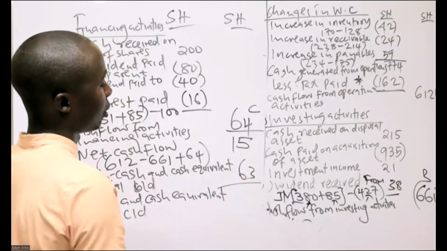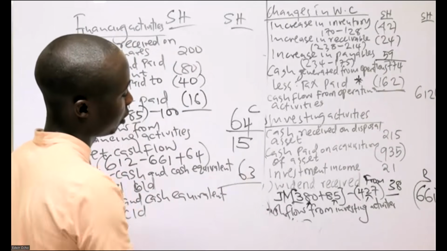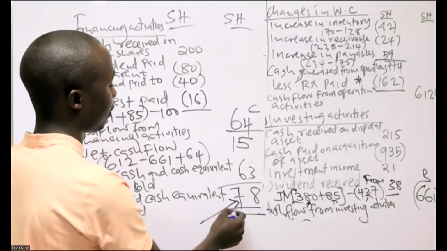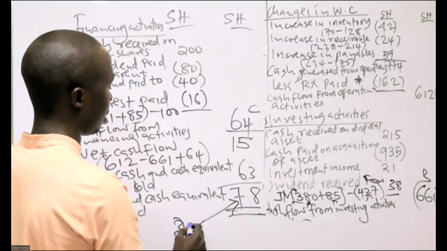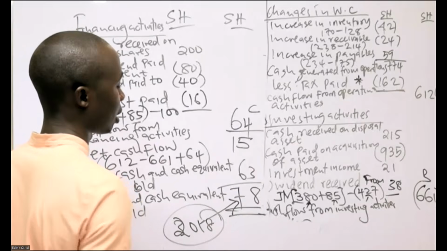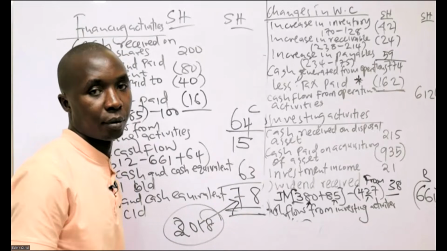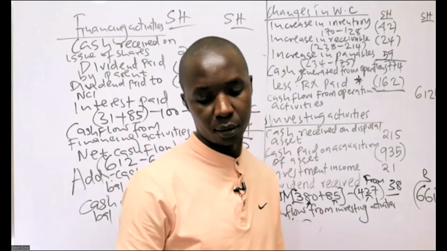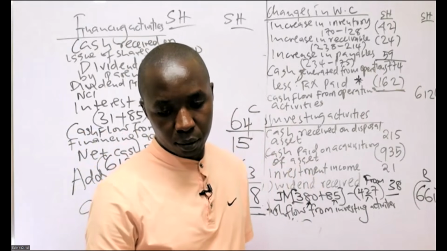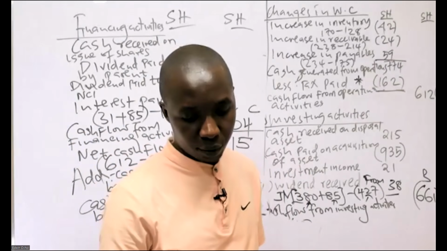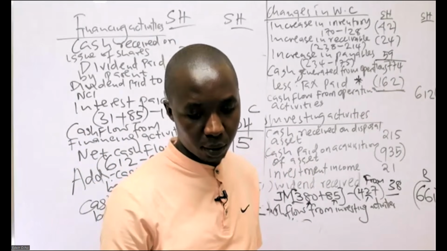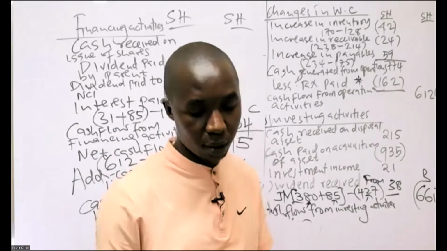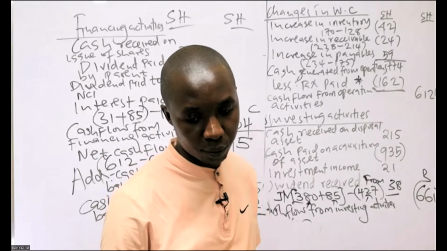So this is the balance brought down 2017. If you add this to 15, you get 78. Can you confirm that this is the one you have as at 2018 in your question as cash and cash equivalent? That is what you have. Yes, that is how you are supposed to do a cash flow statement.